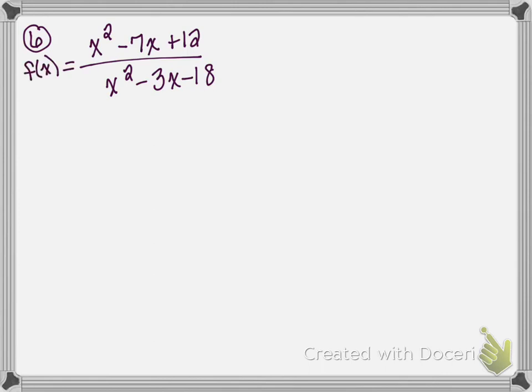Okay, so the first thing that I am trying to find is the domain, and the domain is determined by my denominator. That's the important thing to remember about domain. Domain is determined by the denominator. Okay, so I'm going to go ahead and factor this just because it makes it a little bit easier to manage.